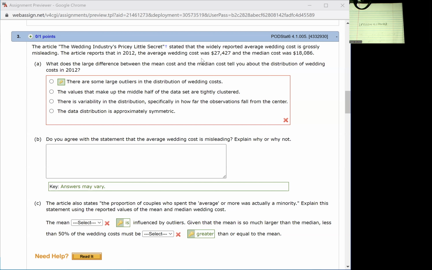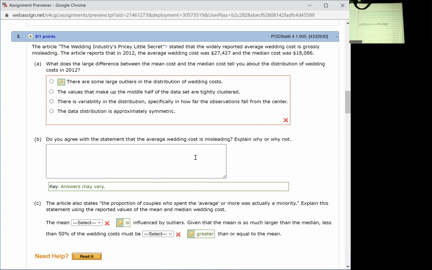It seems to me that you'll have a group of weddings that are all clustered close together, but then there are some outlier wedding costs that people with money tend to be involved in. So that's why I think that the average wedding cost is misleading.